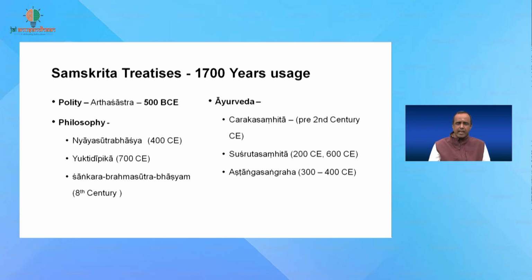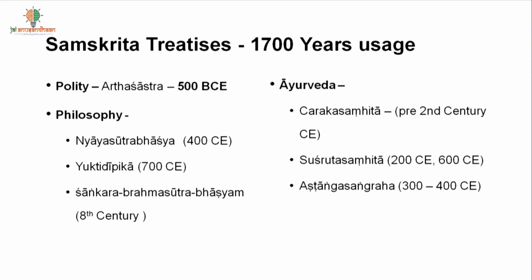We have been seeing that illustrations, definitions, examples are mostly from the Samskrita treatises. It is true that for about 1700 years we find textual references of utilization of Tantra Yuktis in Samskrita treatises across disciplines. In public administration, you have Kautilya Arthashastra using Tantra Yuktis.